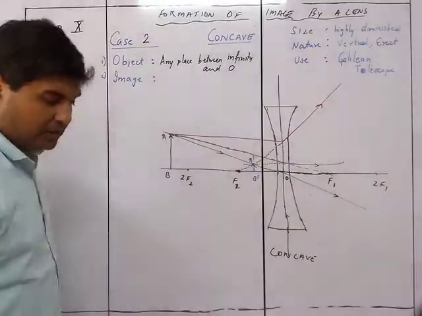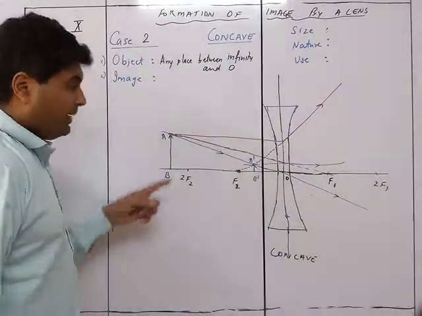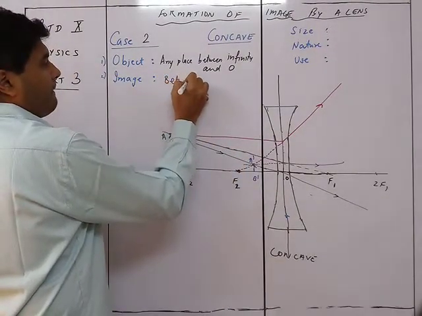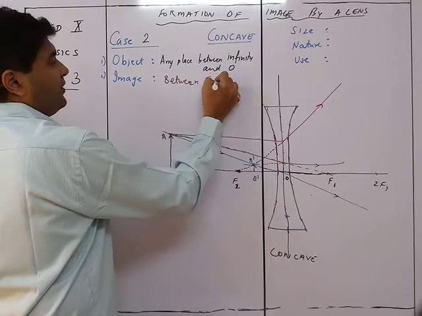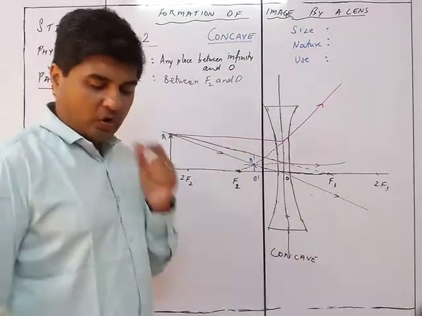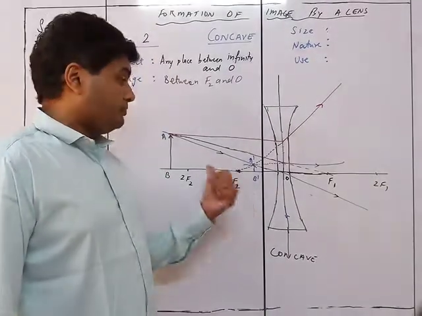So you see over here that the image will always be between F2 and O. Between F2 and O, your image will always be between the focus and the optical center on the same side of the object.